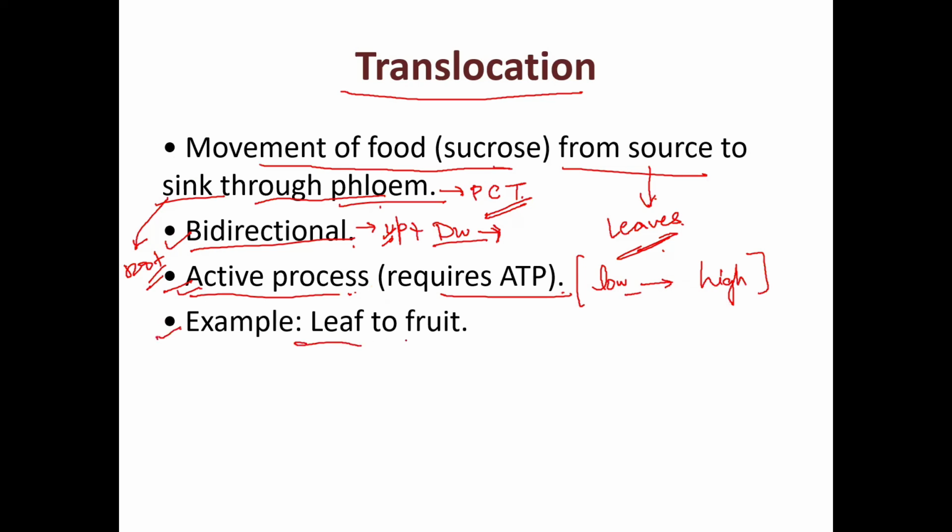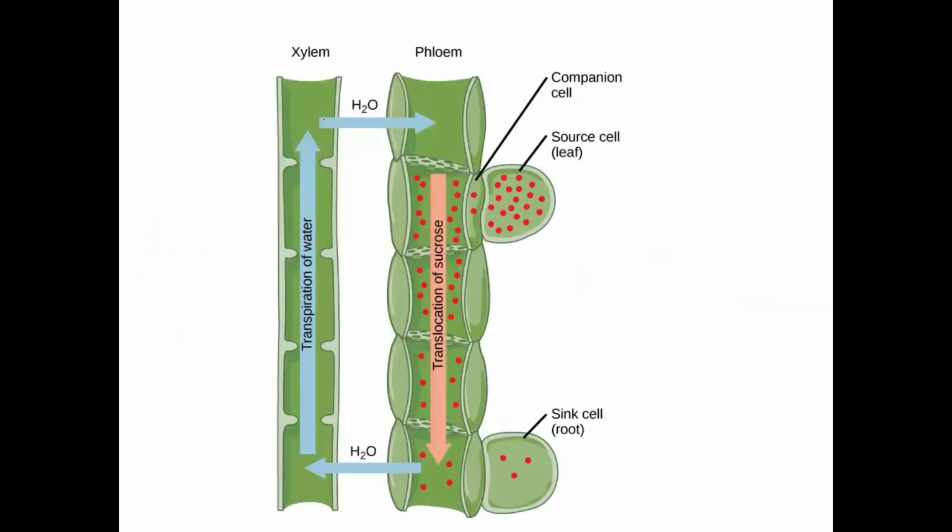Example: leaf to fruit. Assume this is a leaf and this is an apple. The leaf makes glucose, loads it into the phloem, then sends it towards the apple. Look, this is xylem and phloem. Xylem also helps, like water also helps.